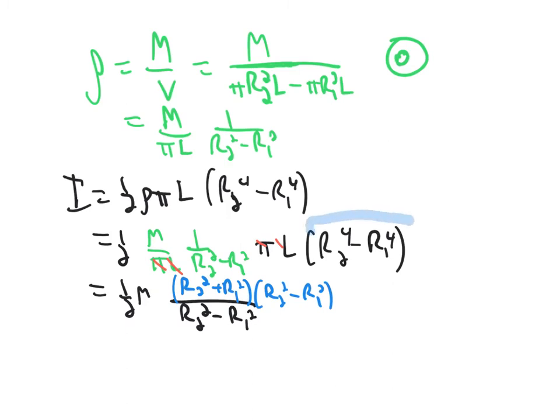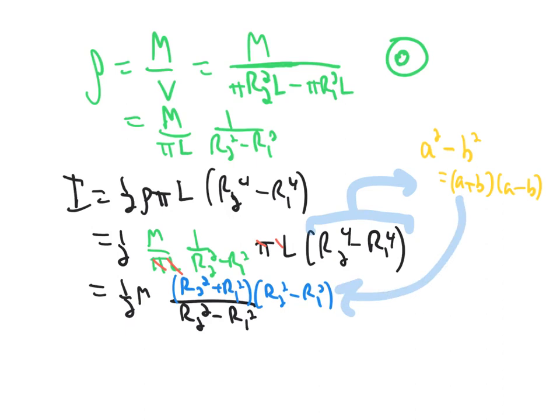That's taking a squared minus b squared is (a plus b) times (a minus b), and we've put that here.